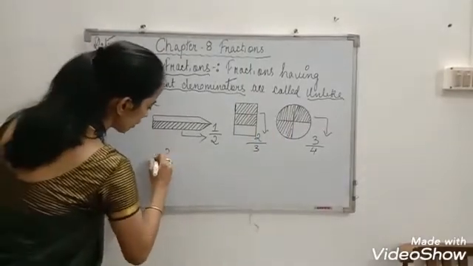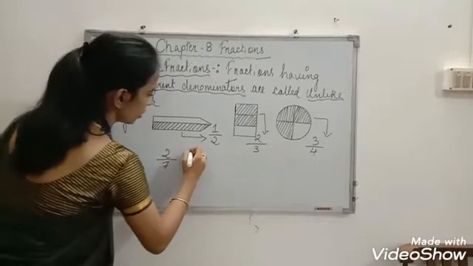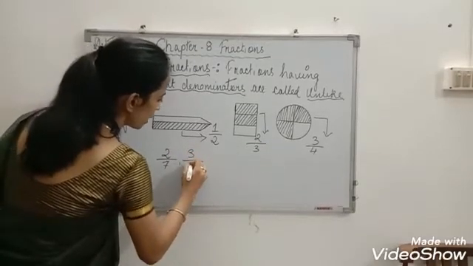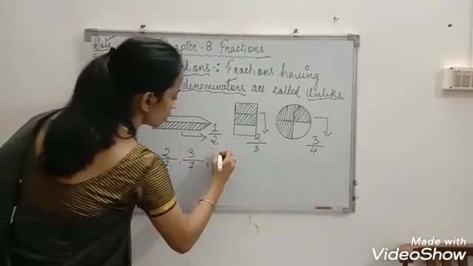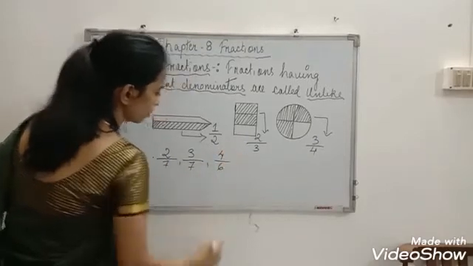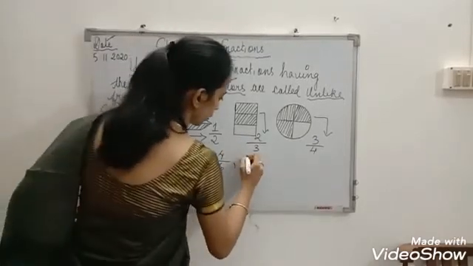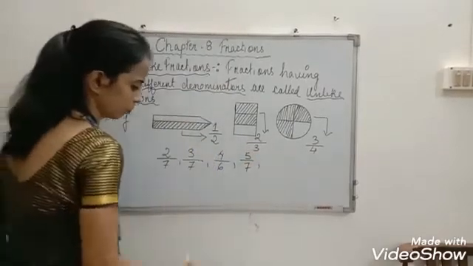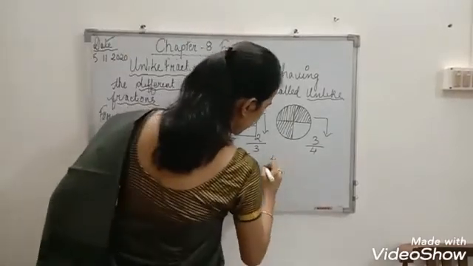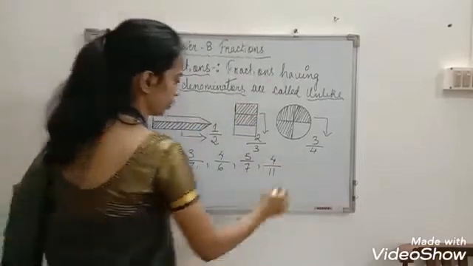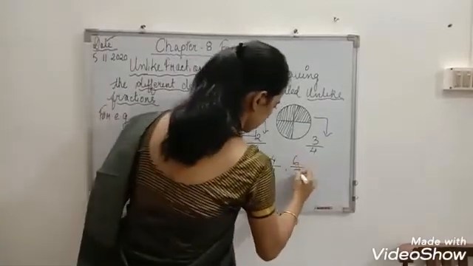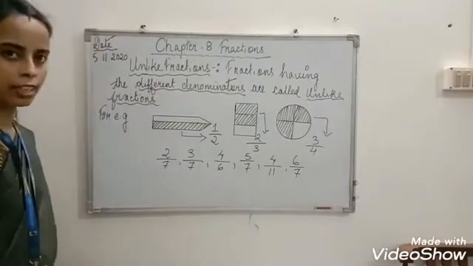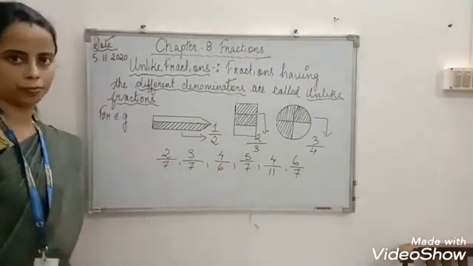Right? 2 by 7, 3 by 7, 4 by 6, 5 by 7, 4 by 11, 6 by 7. These are the fractions I have written.